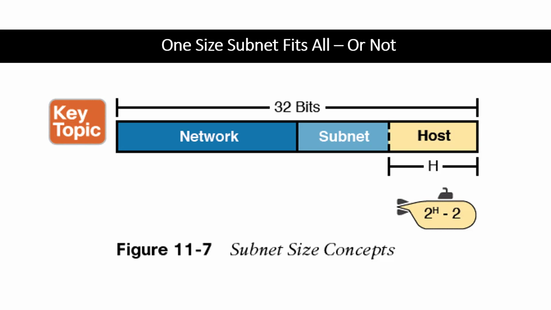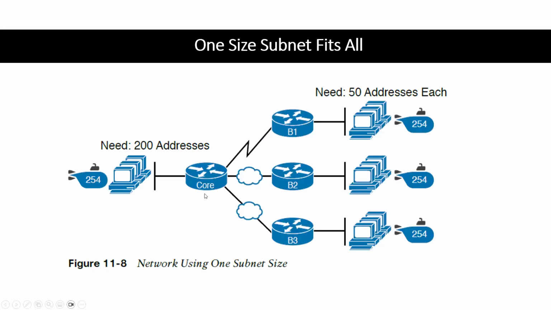Okay. And of course, this slide goes over, you can create a subnet size that fits all, but maybe it won't. And that's something you have to think about. So let's look at this diagram. I'm going to take my pencil out because I like my pencil, right? So we have this subnet, and it just needs 200 addresses.